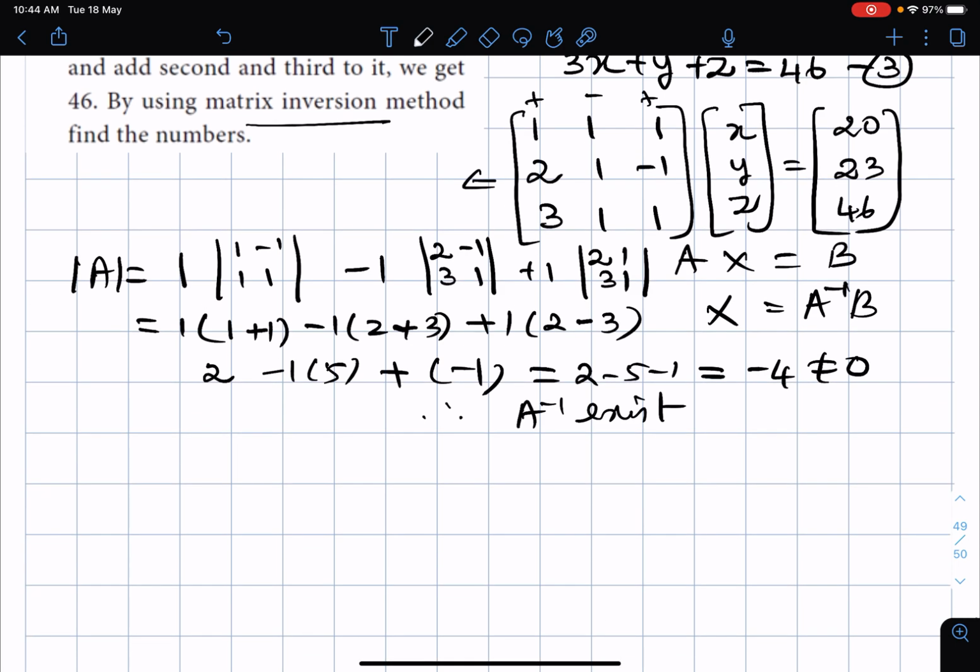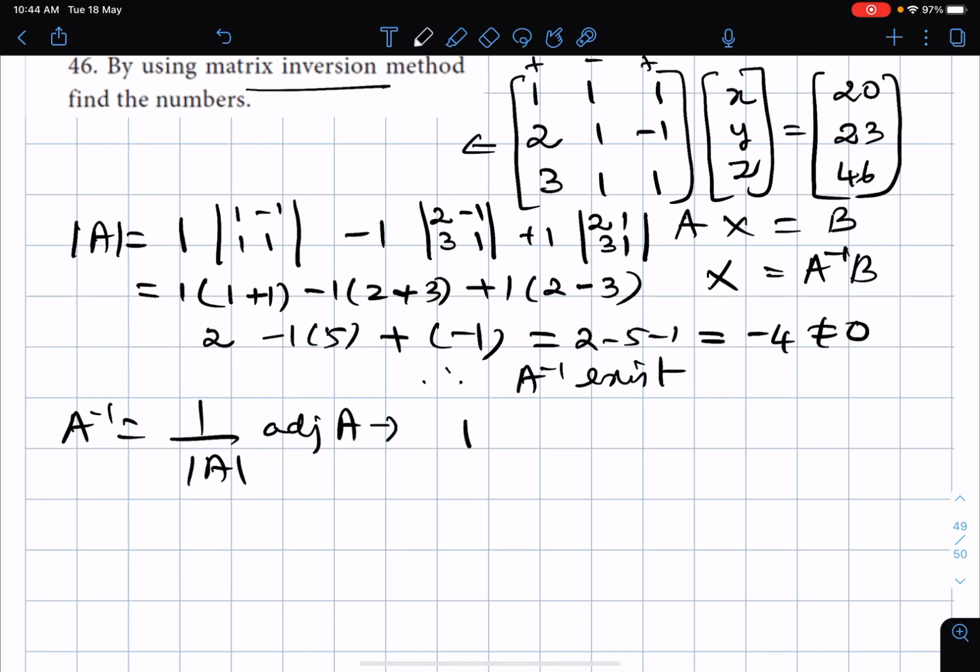Now you are going to our A inverse formula, that is equal to 1 by determinant A into adjoint A, and you are going to find out adjoint A directly by writing the shortcut method. First you copy your matrix as it is and then write the first two columns again, 1, 2 and 3, 1, 1, 1.